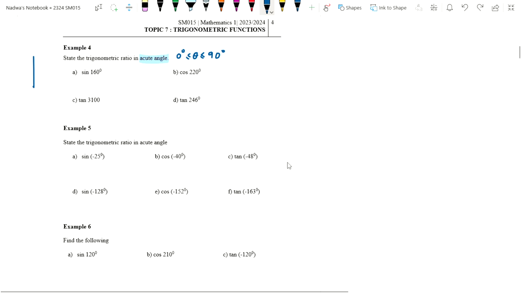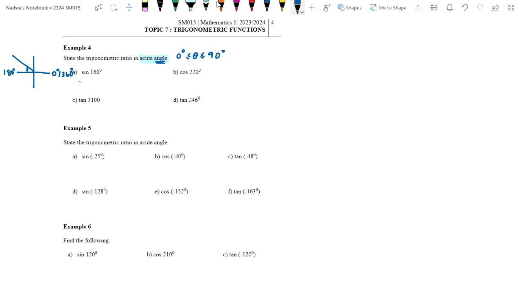So 160 lies in the second quadrant here. So whenever we want to find the acute angle, our angle is always referred to the x-axis only. We will not look at 90 degree or 270 degree. We will always look at the x-axis only. So your angle would be here. It will always be near the x-axis.